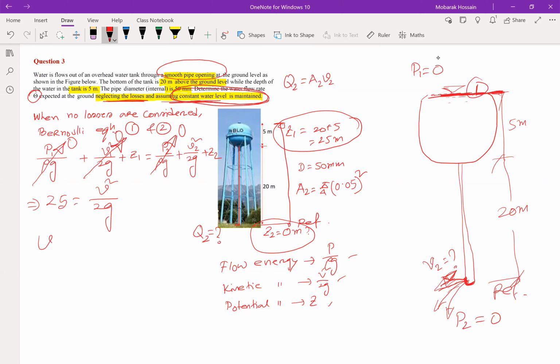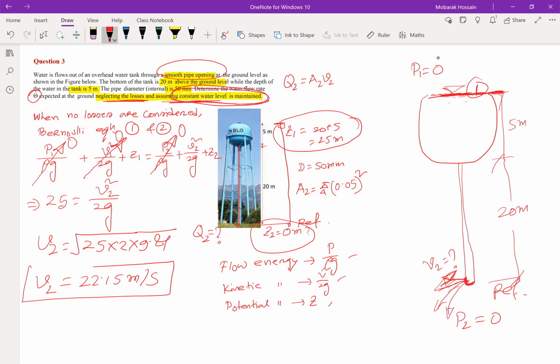So your velocity at 2 will be the root of 25 times 2 times 9.81, which equals 22.15 meters per second. Now we have the velocity, and we already calculated the area for location 2, so we can find the water flow rate at the ground level.